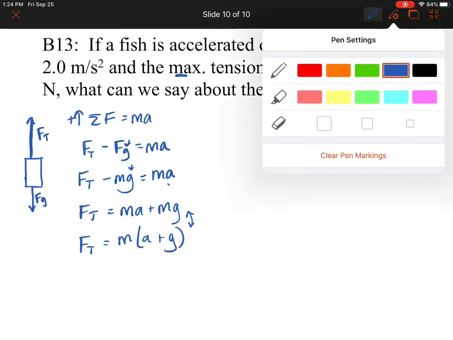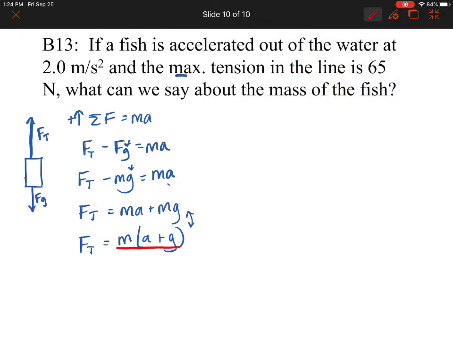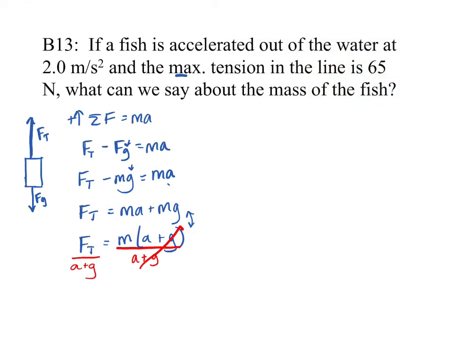And now I can go ahead and divide both sides by a plus g to get m all by itself. Since I'm multiplying m by a plus g, which is like an entire thing, I can divide the whole side by a plus g. Okay? And that is how you solve for that. So there's your little reminder and something you can do going forward. So, my mass. How do I find that?